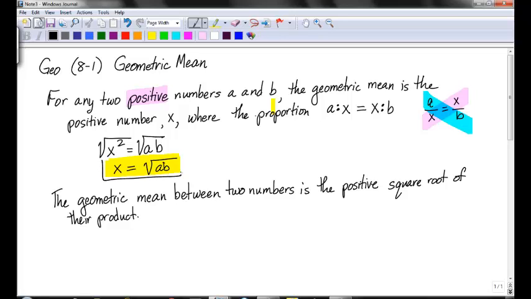So this is the main formula for the geometric mean between two numbers. You multiply them together, take the square root.